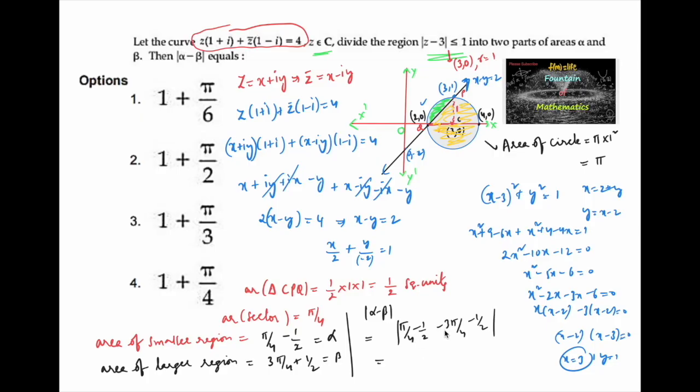So we can write pi by 4 minus 3 pi by 4, that is minus 2 pi by 4, and here minus 1. Since there is a mod, we can write 2 pi by 4, that is pi by 2 plus 1. So pi by 2 plus 1, which is option B. So we can go with answer B. 1 plus pi by 2 is the required answer.